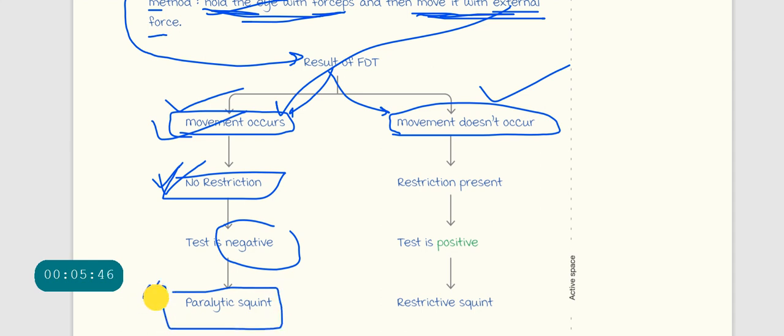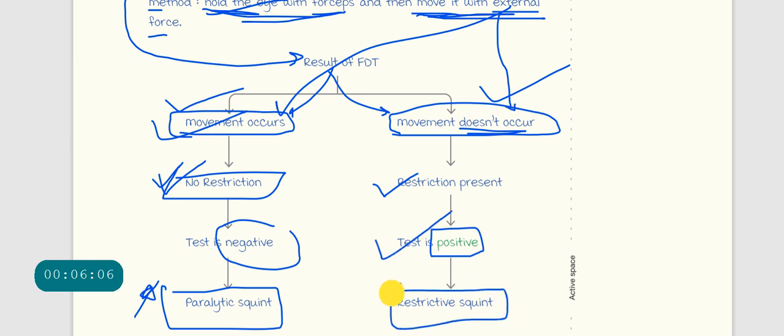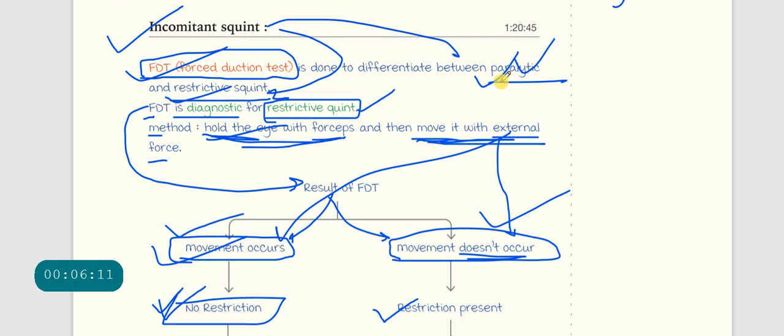If the eyeball doesn't move with the external force, then it is a positive test because there is restriction present, and this is a restrictive squint. Very easy. So that was all about paralytic and restrictive squint.